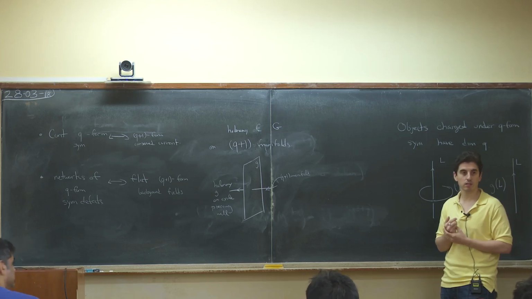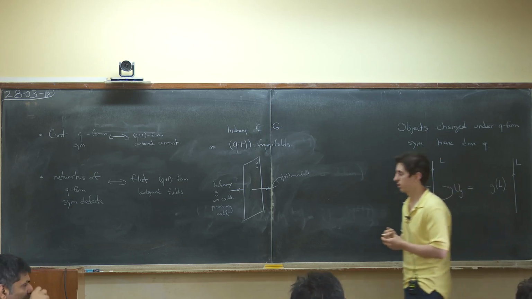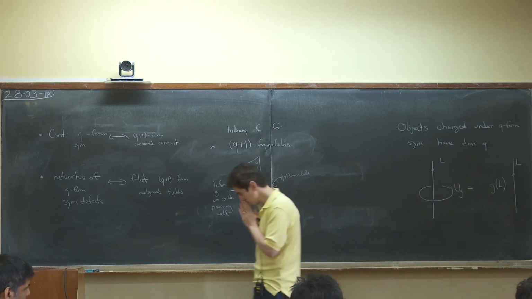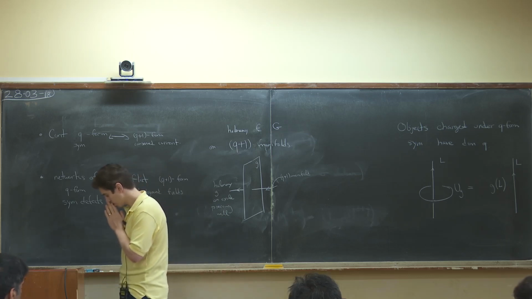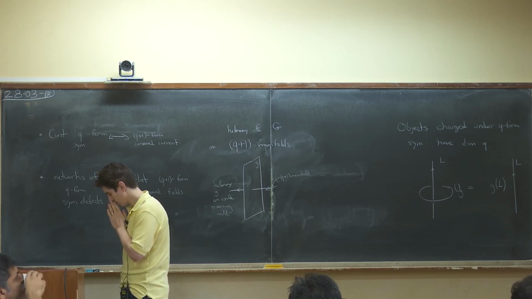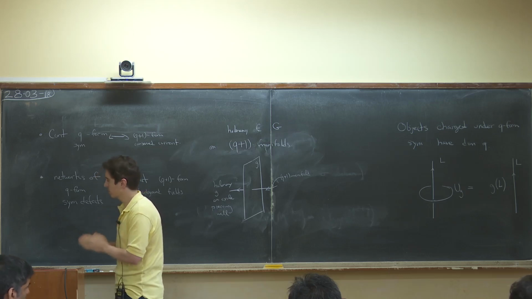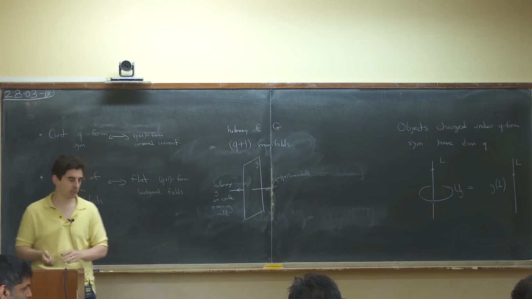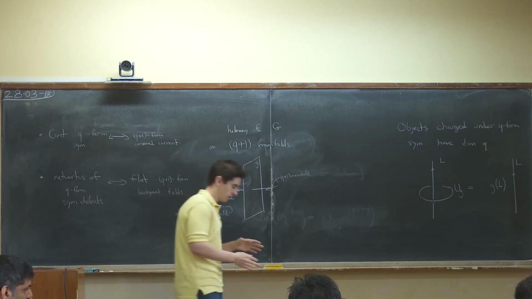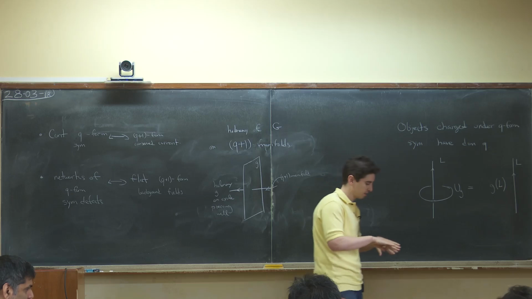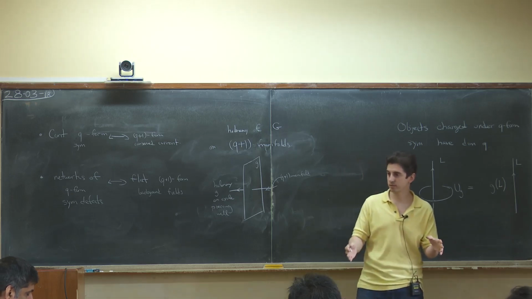Okay. Let me see if I can answer it quickly. You could think of it this way. If you have an ordinary background gauge field, you divide space-time into patches, open sets.